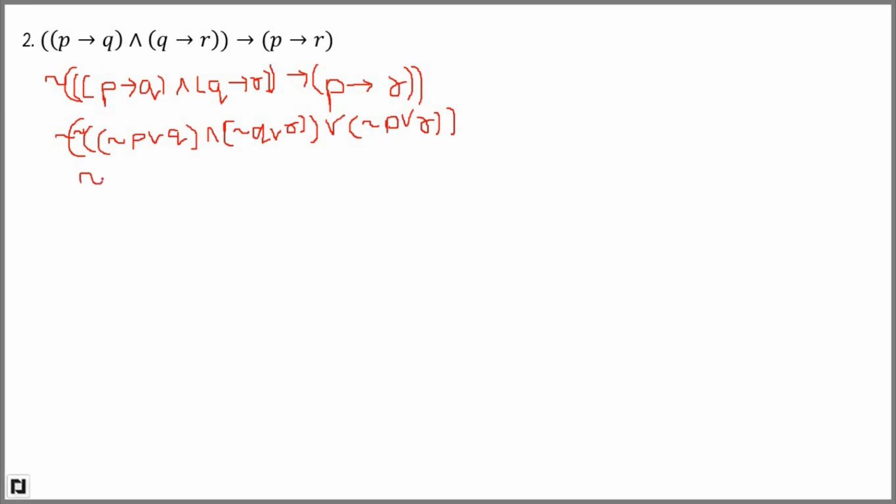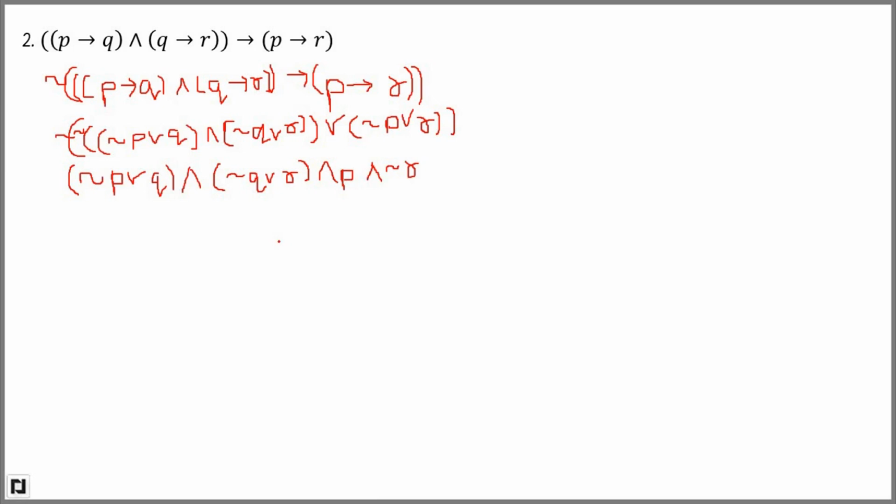After simplifying it, we get a conjunctive normal form. Now we have to make a tree of it.